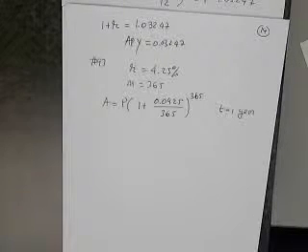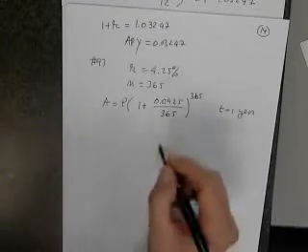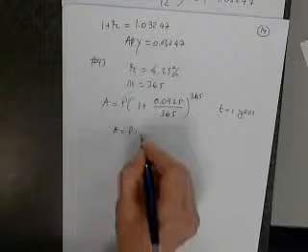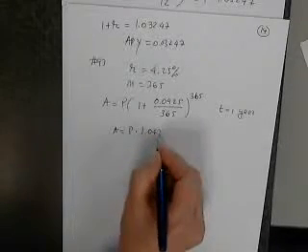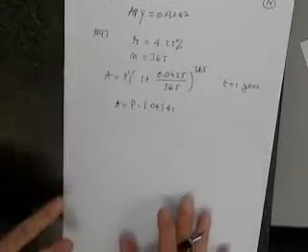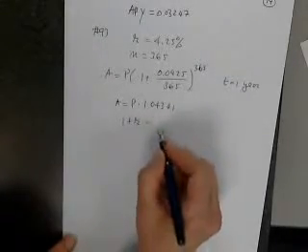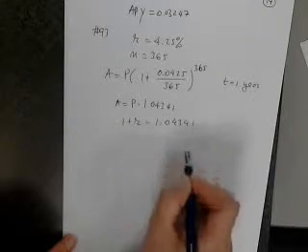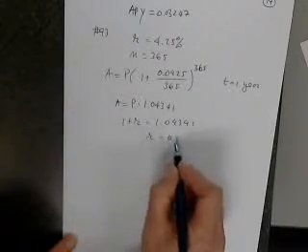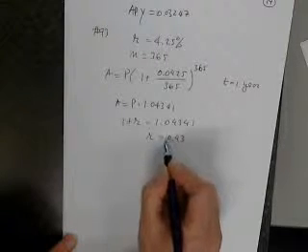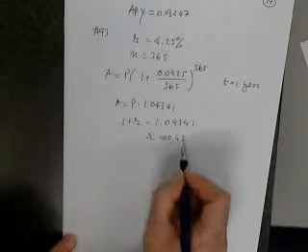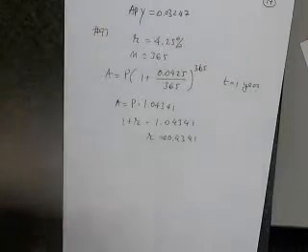Close the parenthesis and the power, 365. Okay. So A equals P multiplied by 1.04341. And now I compare, the equation 1 plus R equals 1.04341. So R equals 0.04341.